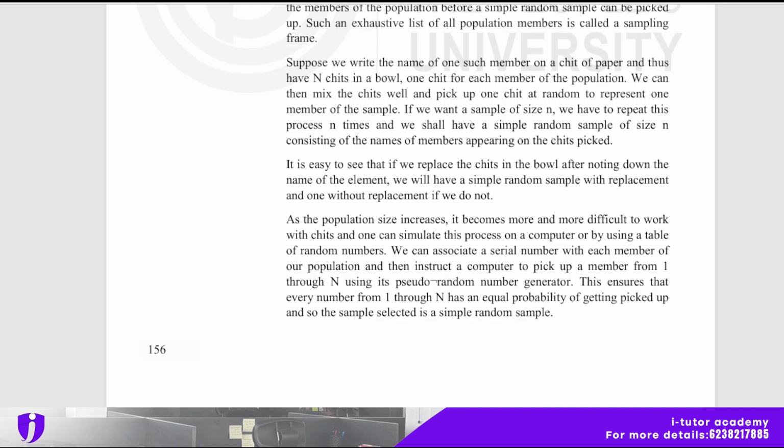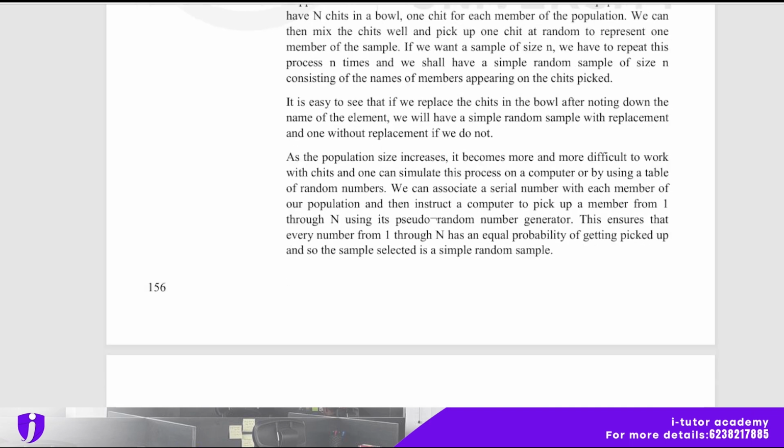We can then mix the sheets well and pick up one sheet at random to represent one member of the sample. If we want a sample of size n, we have to repeat this process n times and we shall have a simple random sample of size n consisting of the names of members appearing on the sheets picked.